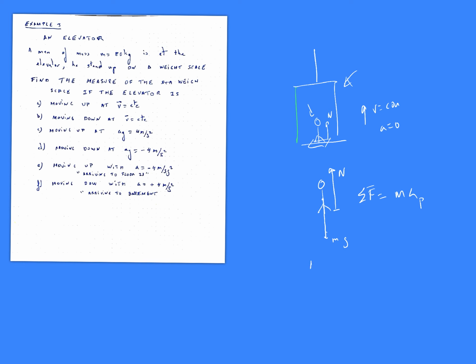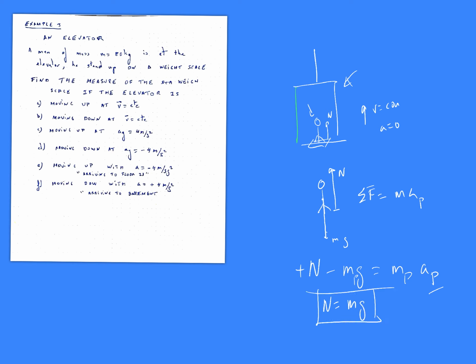The sum of the forces is the normal going up, positive, because we choose the positive direction going up, minus mg, negative, equals the mass of the person by the acceleration of the person. We are applying Newton's law to the person, not to the elevator. But the acceleration of the person is 0. So the normal force equals mg.